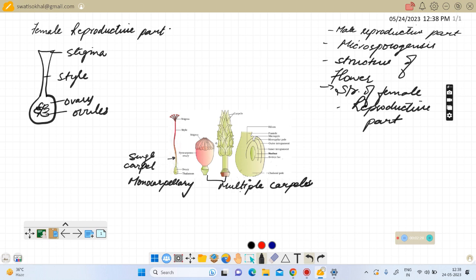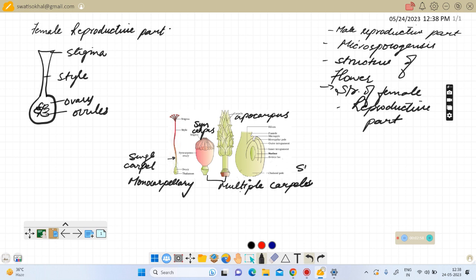Now, beta, the multiple carpels may be fused or free. When they are fused, it is called syncarpous, and when they are free, it is called apocarpous. Now, beta, we have to discuss the structure of the ovule.